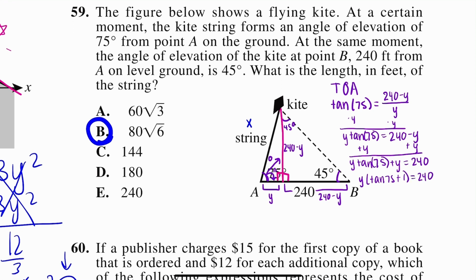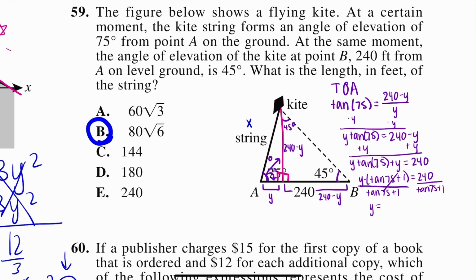So see, if I distributed y to that and to that, I'd get back to that original problem. And then this being multiplied, so to undo multiplication, I'm going to use division. And I know most of our answers here have a square root. So I'm just going to put everything into decimals to make life a little easier.